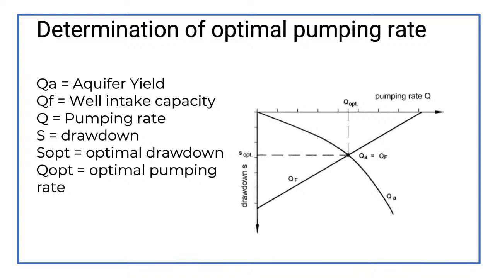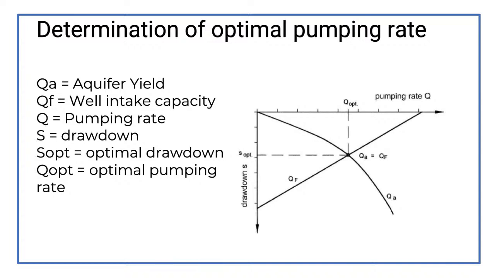The way we determine this is we're matching up QA, which is our aquifer yield, and QF, which is our well intake capacity. So you want to plot those up. Aquifer yield is going to go down as you pump with drawdown, and over time. So we've got two axes here: drawdown and the pumping rate.